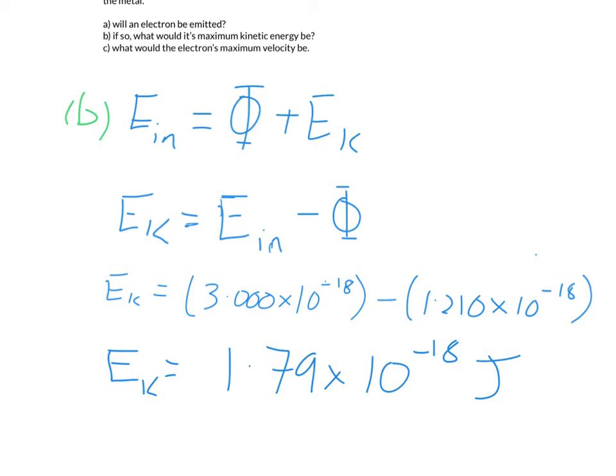We'll start again with a clean slate now. I'm trying to calculate the velocity for part C. So for part C, we're going back to our more basic mechanics formulae. We're going to use the formula for kinetic energy that we learned in 5th year. The kinetic energy of an object is a half times the mass times the velocity squared. And now we can start filling in what we know. We've just calculated the kinetic energy.